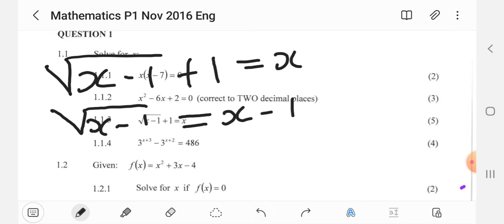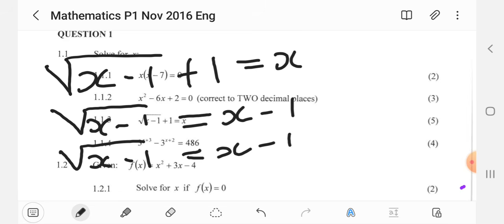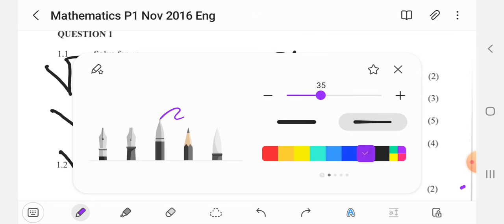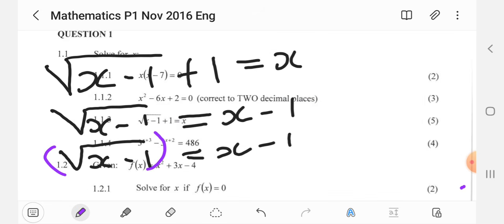Whoa, it's tricky. So we have to get rid of the square root. How do you get rid of it? You just square. You put brackets and square this, and then you also square this whole thing.